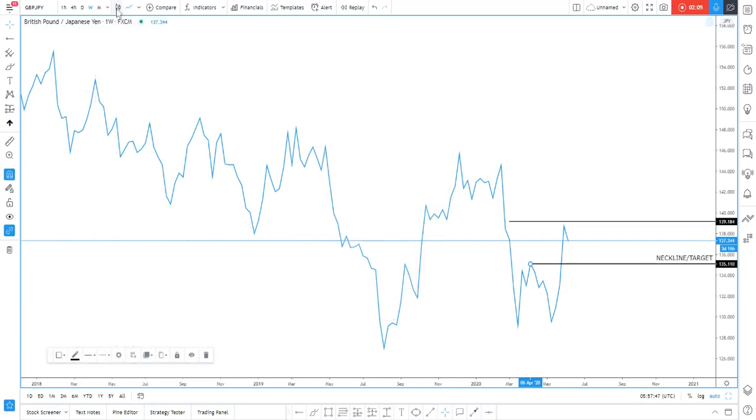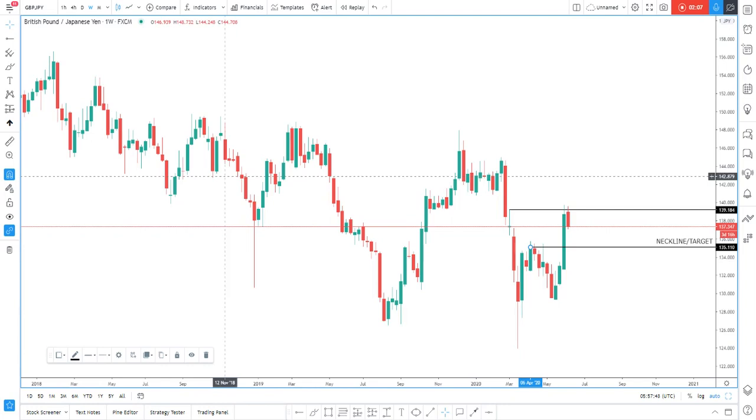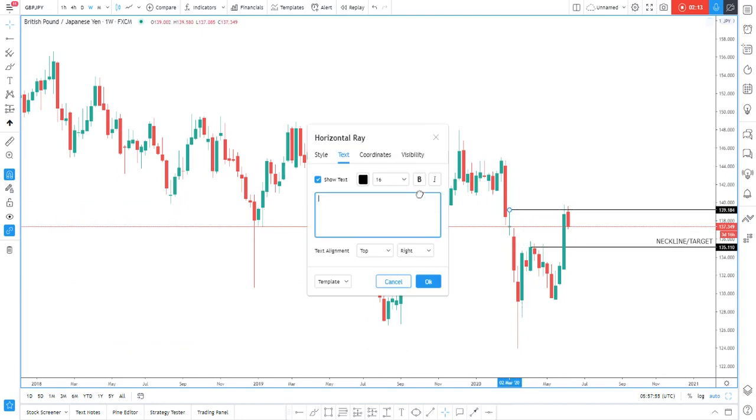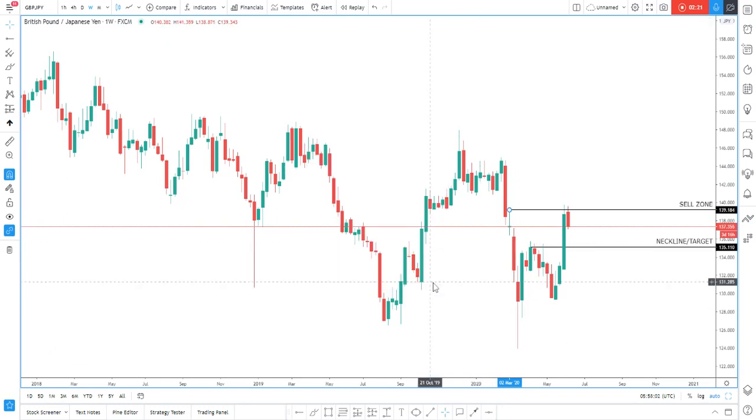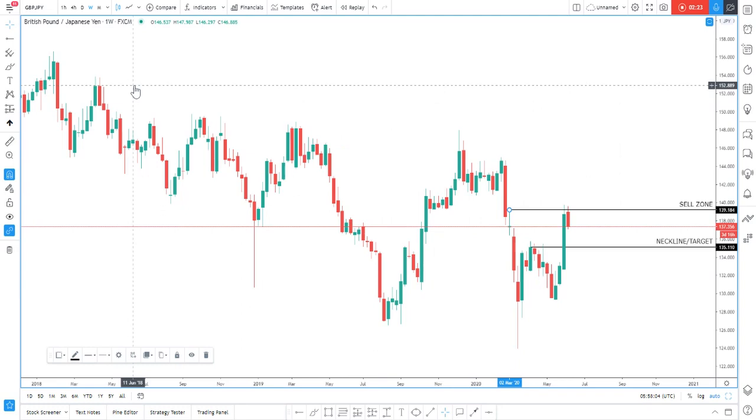I can switch back to a candlestick chart and tag this one also as sell zone.